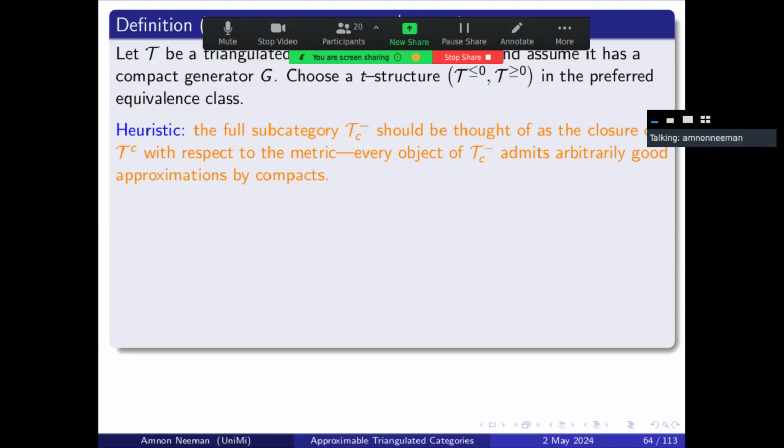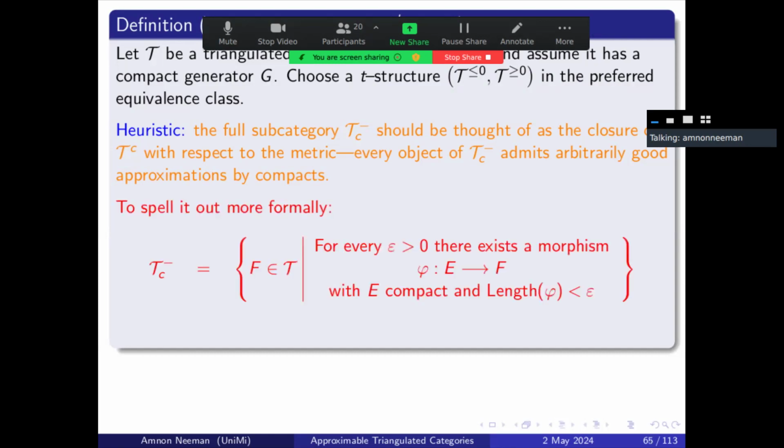And the definition is that every object in Tc minus admits arbitrarily good approximations by compacts. And concretely, this means that for every epsilon greater than 0, there exists a morphism of length less than epsilon from a compact object to F. Remember, morphisms have directions, so you have to choose on which side you approximate. Anyway, this is the definition of the closure of the compacts.